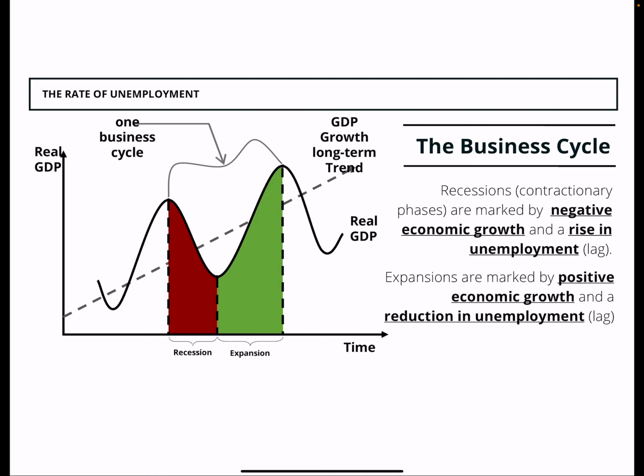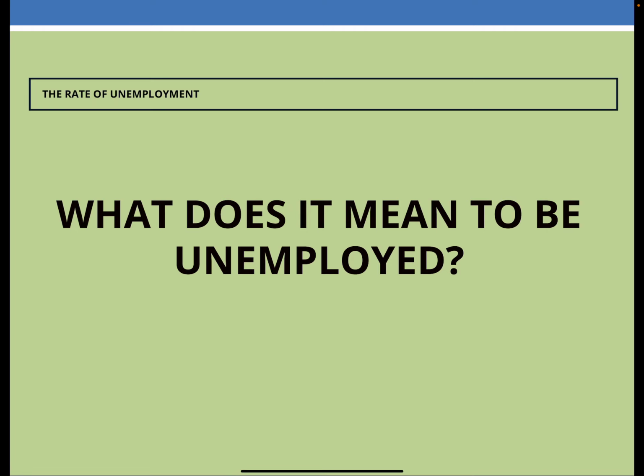Then we'll see the opposite happen when we are in an expansionary period. We'll see a decrease in the rate of unemployment. Notice it does say here, and we'll talk more about this later, that there is a lag between the part of the business cycle that we're in and what we see happening with our unemployment rate.